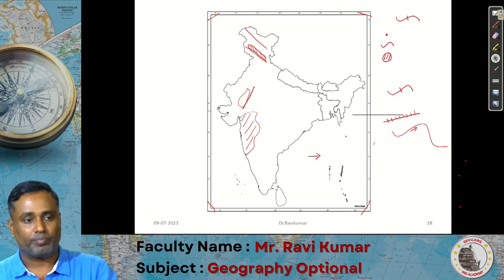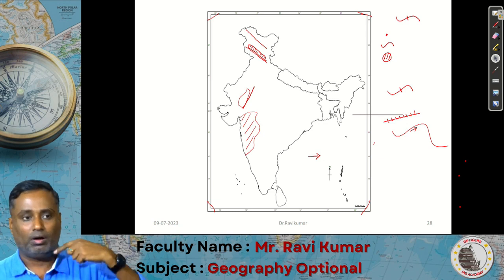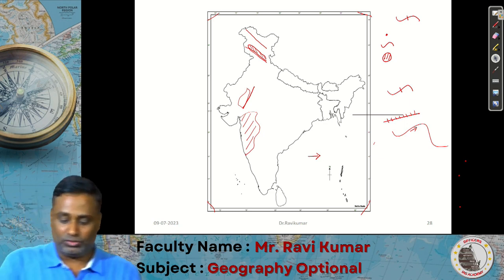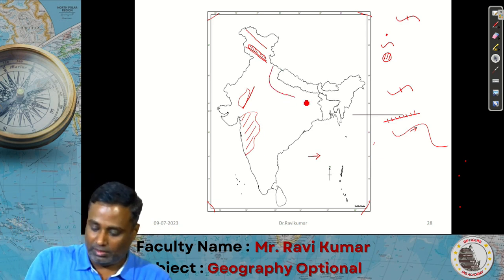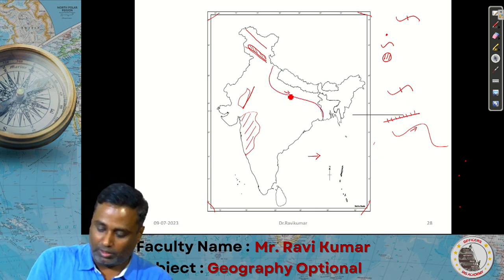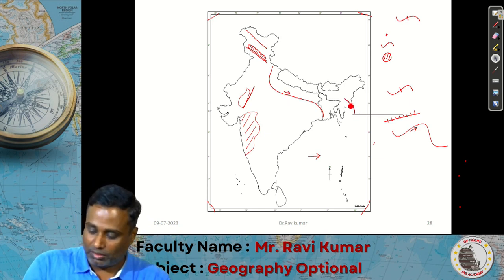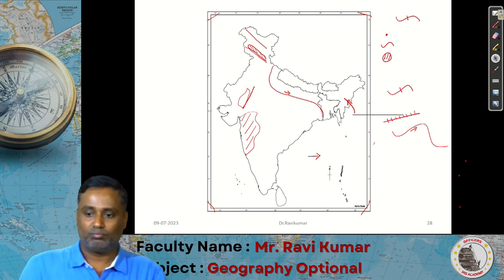Whenever we use the arrow, we can use it to show a navigation route or river direction. Suppose I am drawing a river, you can show the arrow mark, yes, the river flows. Or migration of Rohingyas. See, now I am saying migration, people are moving.